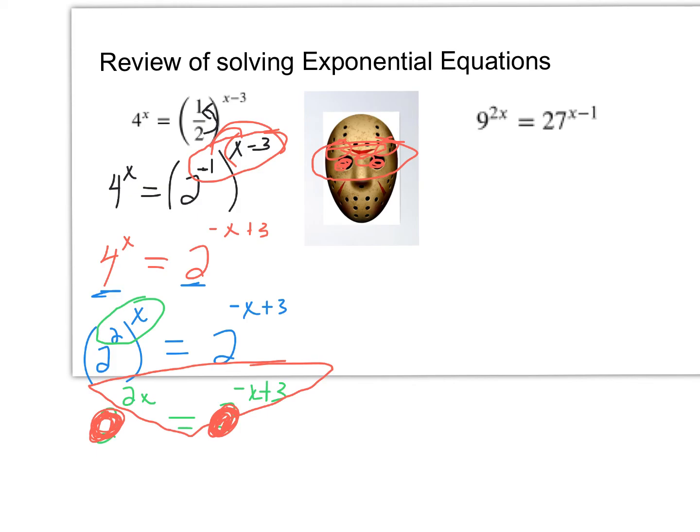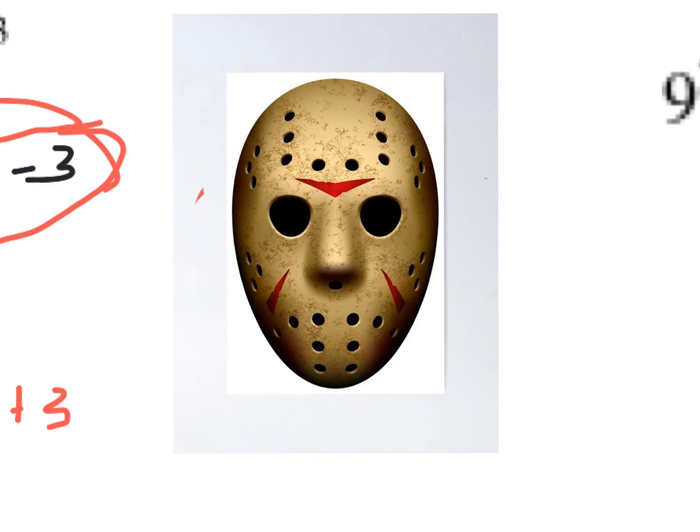So again, if we were looking at Jason's hockey mask here, we would have the exponent of the piece on the left at the top corner, the exponent of the piece on the right, and down here is the equals.